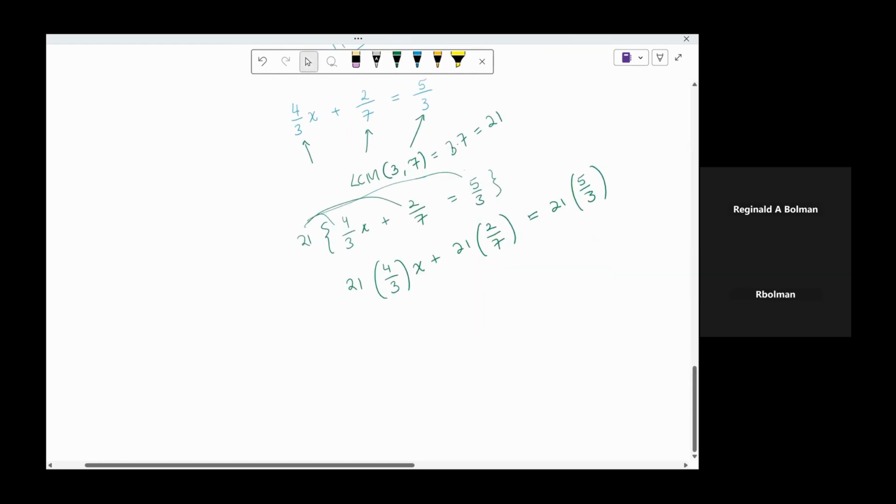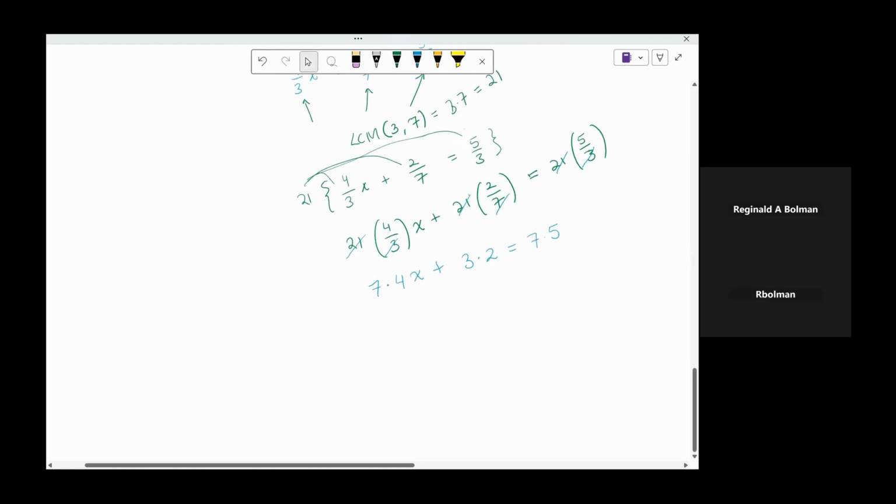Now, the 21 will divide out with the 3. 21 divided by 3 gives you 7. It's not that the 21 disappears, it's that it divides out with the number in the denominator. So you'll have 7 times 4 times x plus, here 21 divides out with 7. 21 divided by 7 gives you 3, so you'll have 3 times 2. And here 21 divides out with 3. 21 divided by 3 gives you 7, so you'll have 7 times 5.